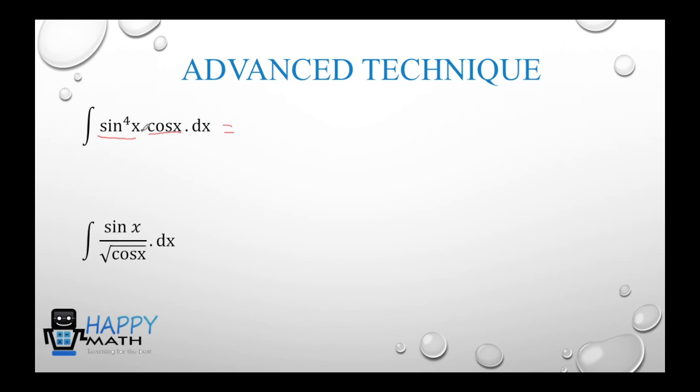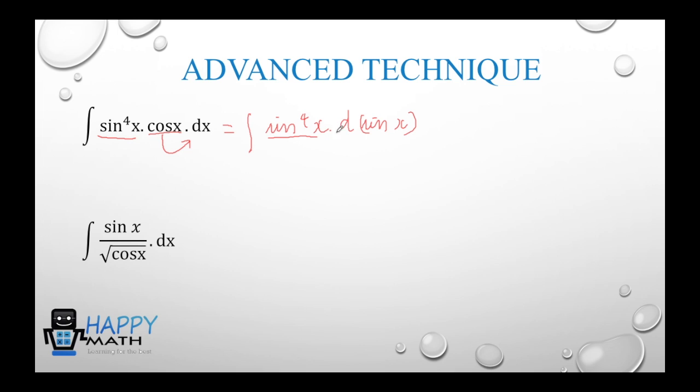So maybe one of them has to become the main function of the derivative. For example, I want to move cos x from outside to the inside of the derivative, so it becomes d of sine.